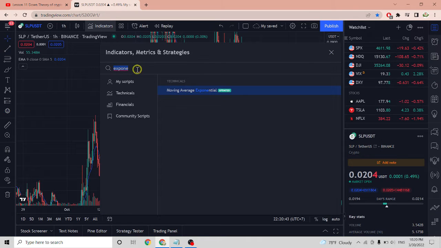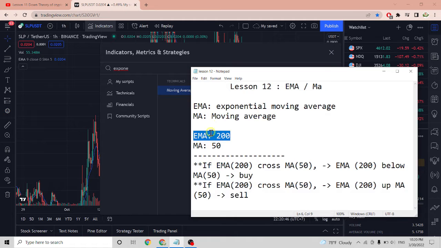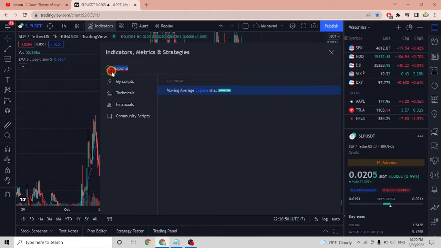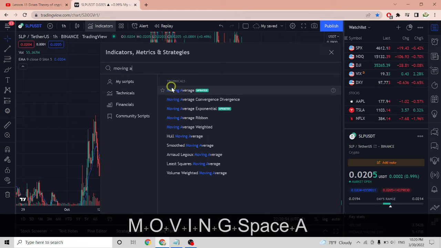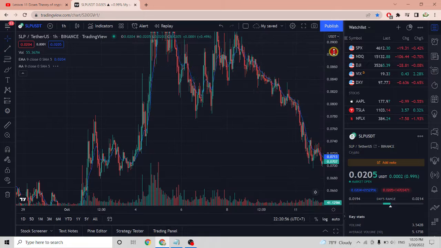Okay, and then here the next moving average. Okay, click on it. Here we have EMA and MA, so set it in the settings here. It doesn't work, sorry.